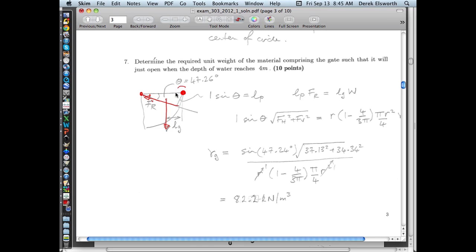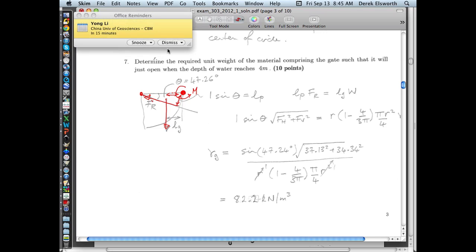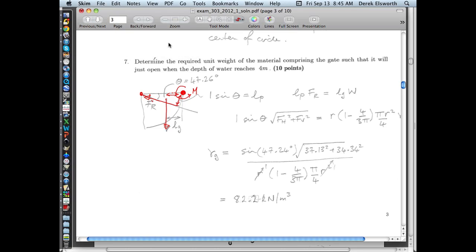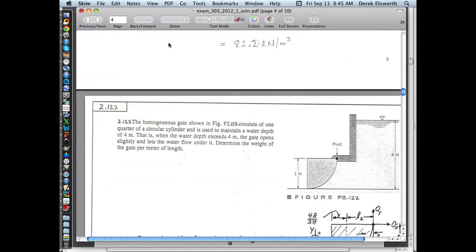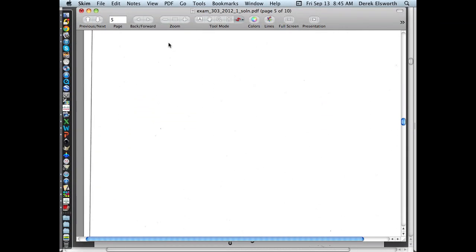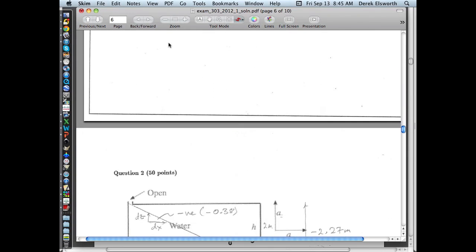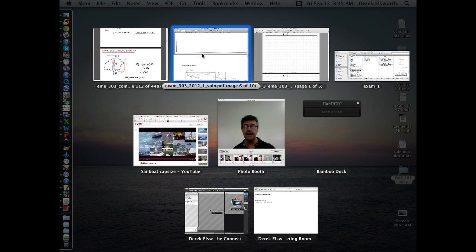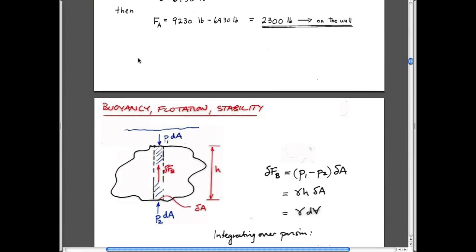We need to take moments about this point to figure out what the moment of this is relative to what the moment of the resultant is. So, again, more involved than I want it to be, but that's the way it is. Okay. What else? The book's solution is a different solution, but comes out with roughly the same answer. I guess that went on a bit longer than I wanted.